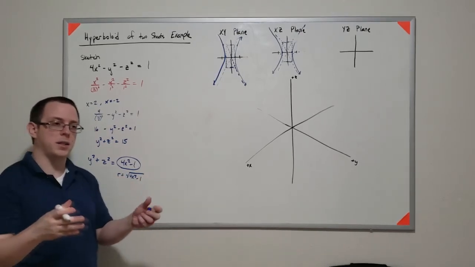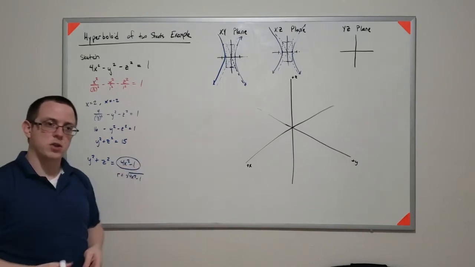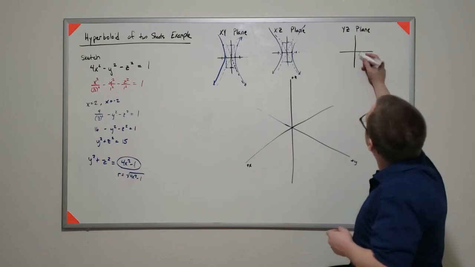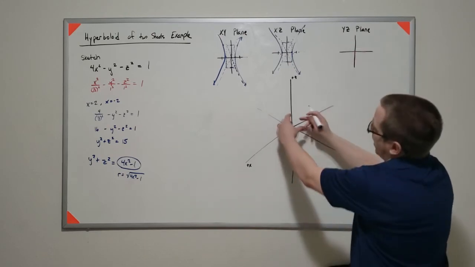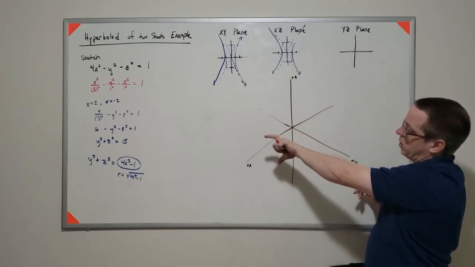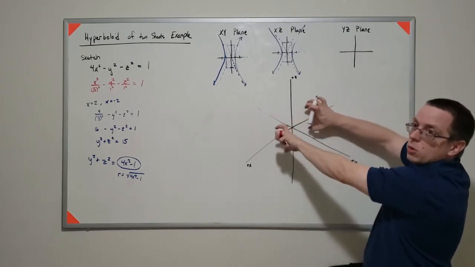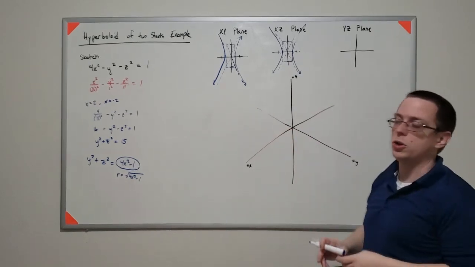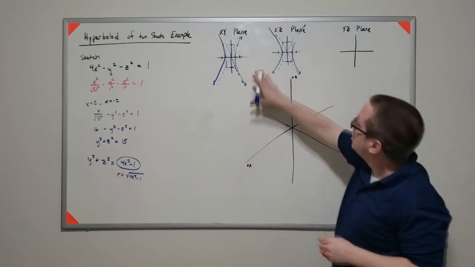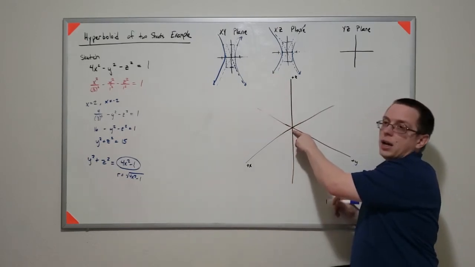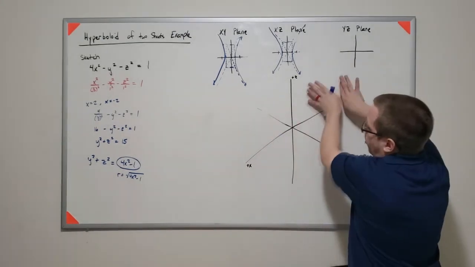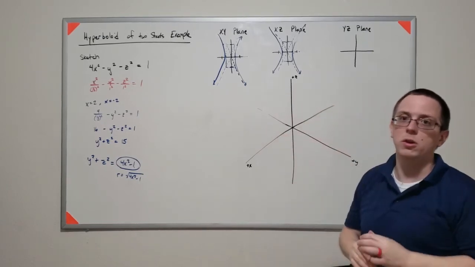Whatever x is, that's the radius of that circle. So in the yz plane, you're just going to have circles. As x gets larger, the radii are going to get larger, but again, they're not going to hit the origin. So I'm going to have some sort of hyperbolas that come out, but they're never going to touch the origin.